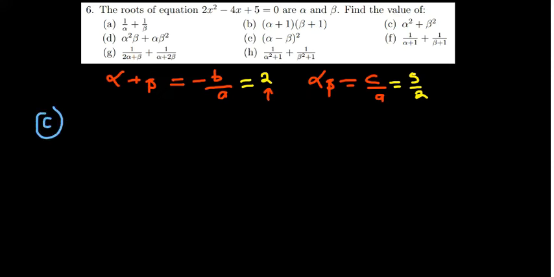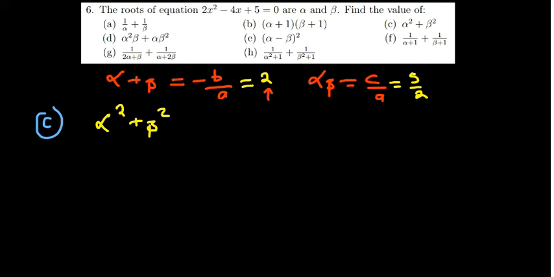So if I'm now on C, C is the interesting part, alpha squared plus beta squared. How can you express it in the form of...? So this is not equal to this, please. They are not equal. They are not the same. But they are closely related, right?